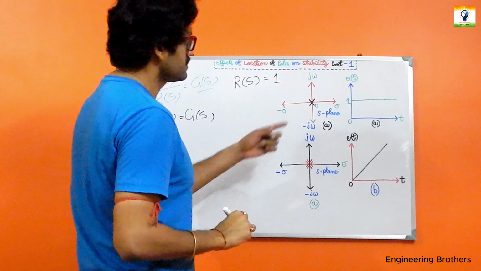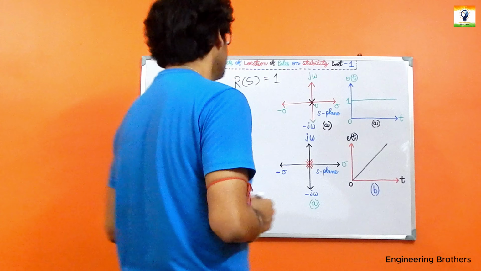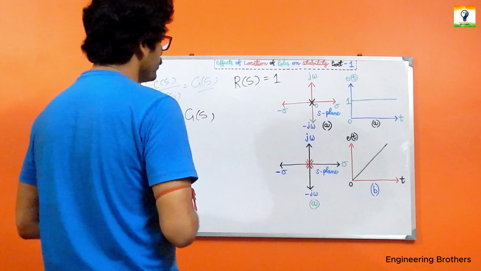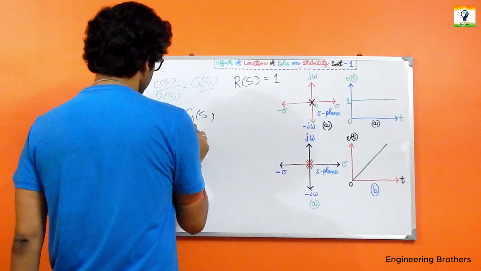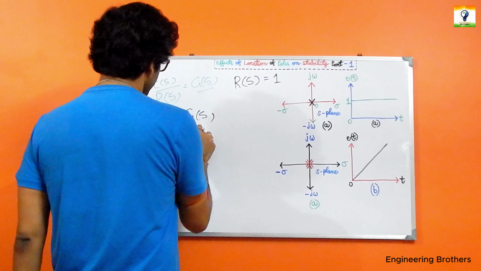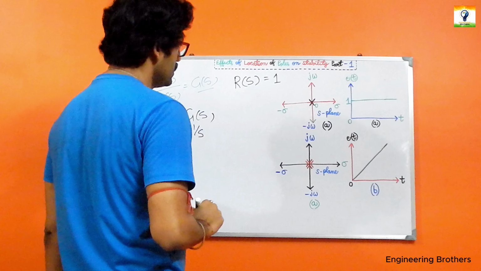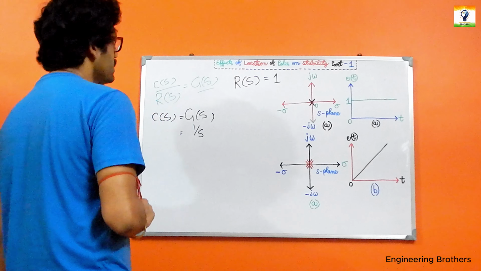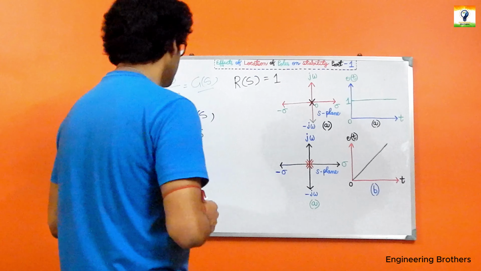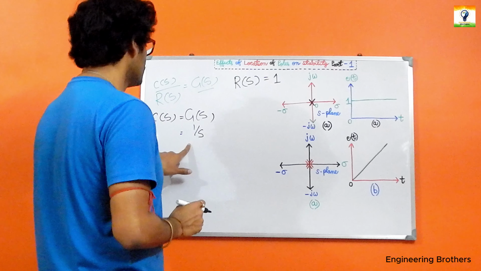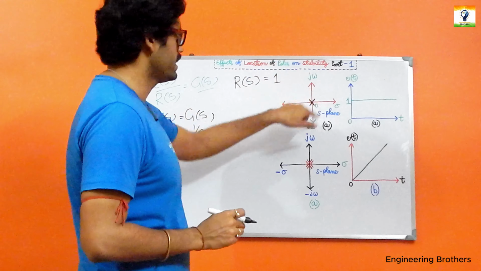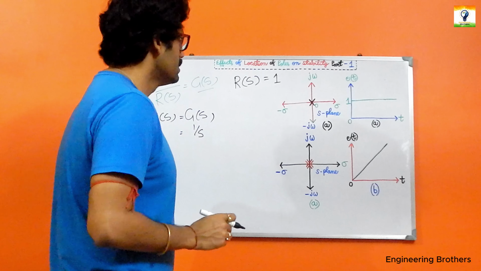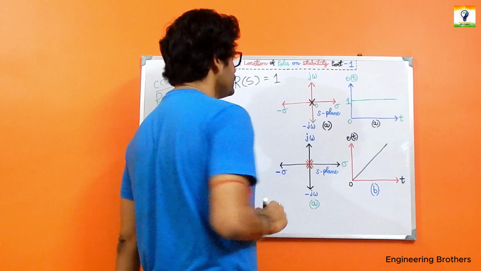Now in this first consideration, if you apply the step input, quite naturally G(s) will be 1 by s. And according to that, you do know that if you put the expression G(s) equal to 1 by s in our s plane, our pole is placed at the origin.